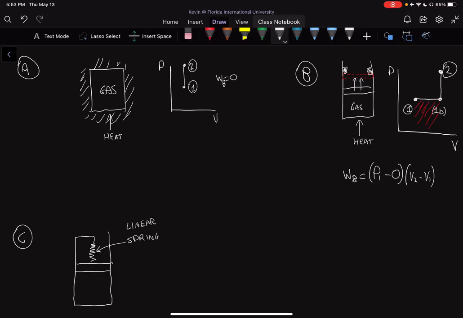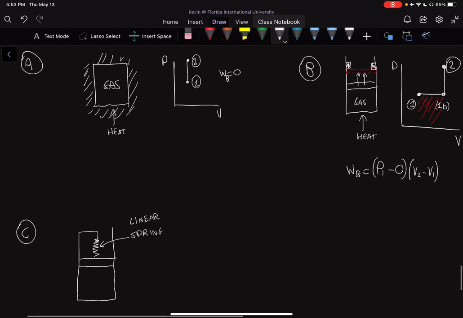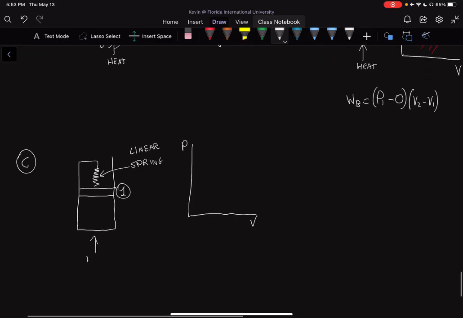If we have a linear spring, what is it going to look like on a PV diagram? This is actually going to be a special case. Let's say this is position 1, and then we add some heat, and our piston is going to start moving up, resisting against the linear spring.